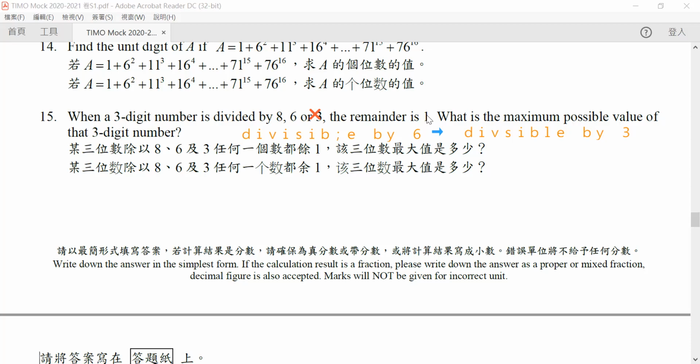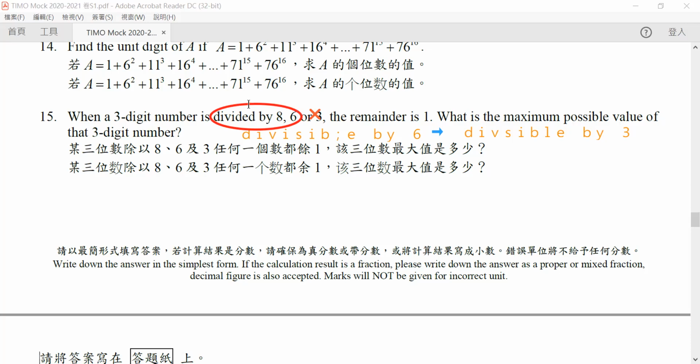So now, what's the maximum possible value of this number? We are now talking about a number which can be divisible by 8 and 6, which we call the least common multiple.